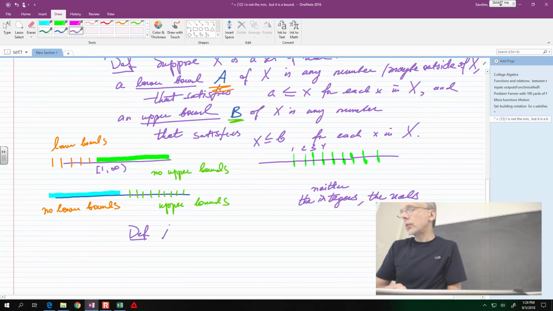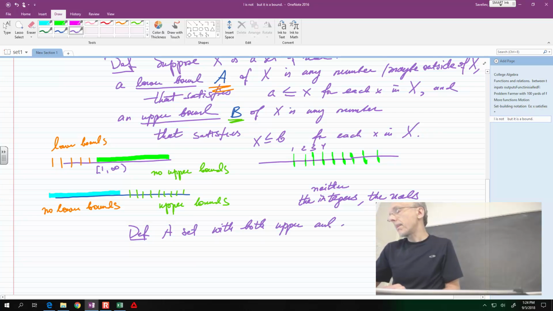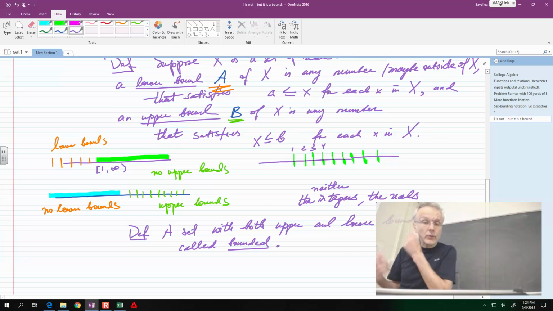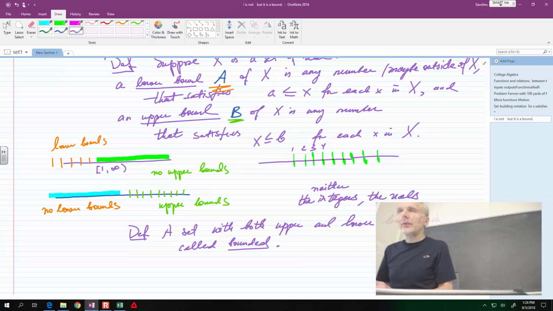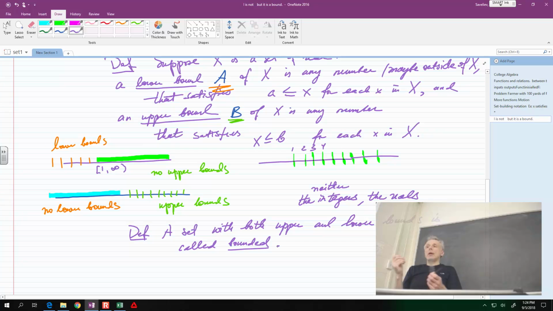Okay, so a set with both upper and lower bounds is called bounded. Once again, something that you'd expect to see from a set. So that confirms our classification of the intervals: bounded intervals between A and B, a bunch of them, 4 of them, and then those rays, also 4 of them, are unbounded.